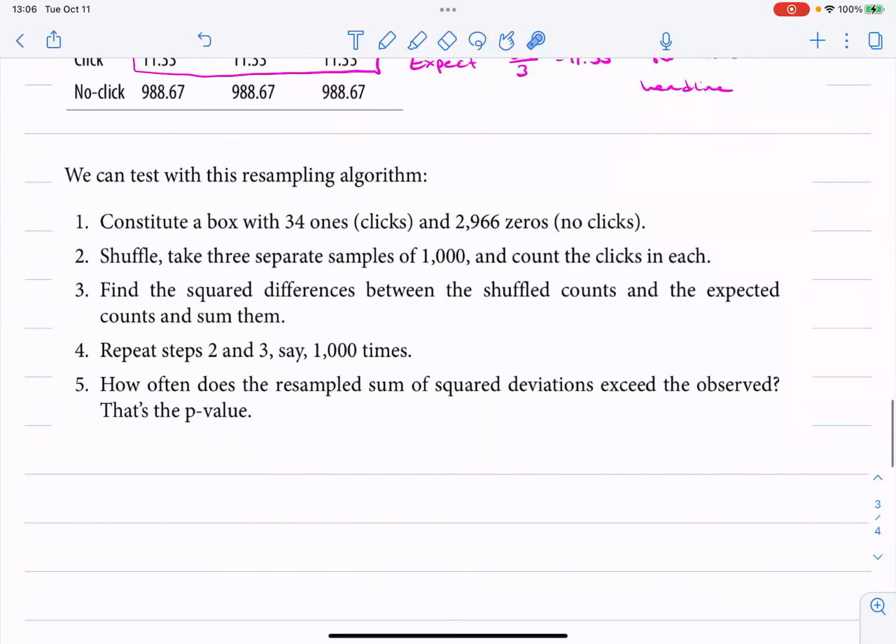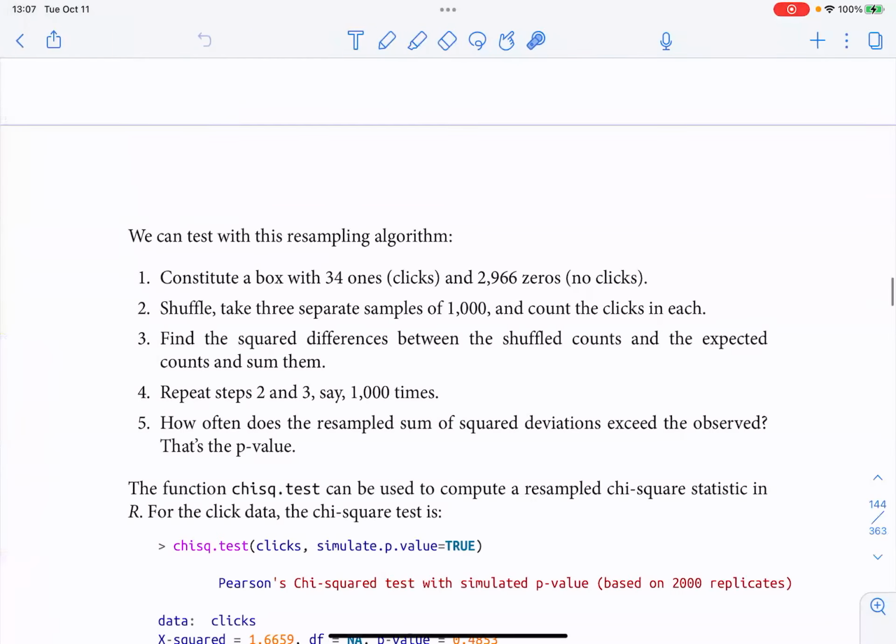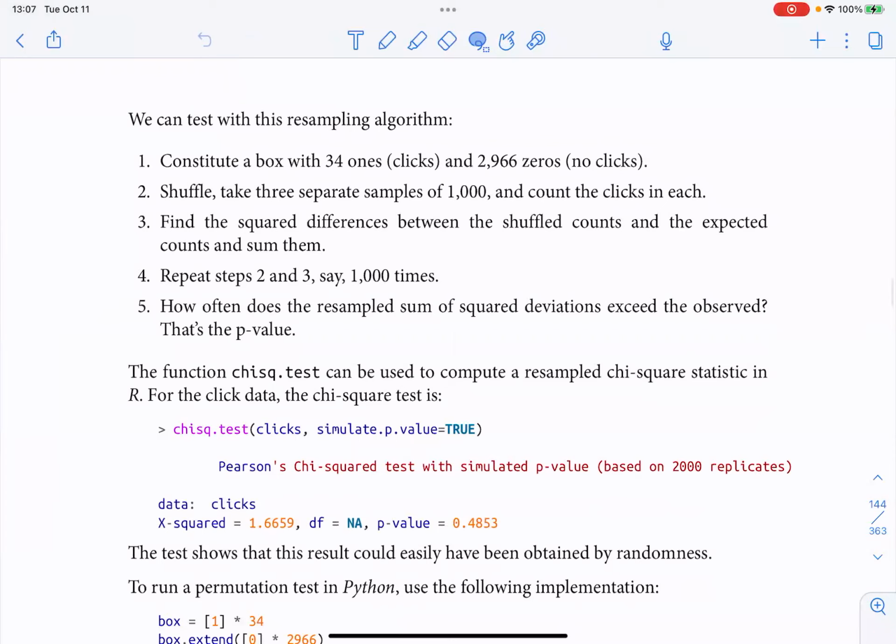Once I've done that 1,000 times, I can look at how many times out of 1,000 the resampled sum of squared deviations exceeded what we observed in our original sample. That's kind of our guide. We look at how many of those simulated results were more extreme, and that's going to be our p-value. So we can do this in R.